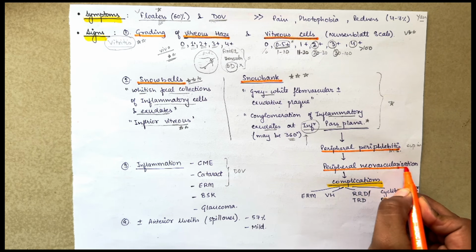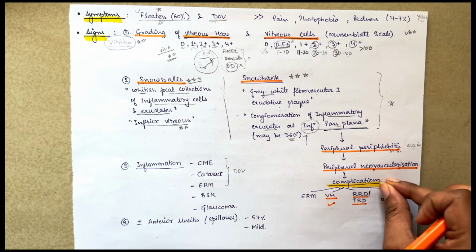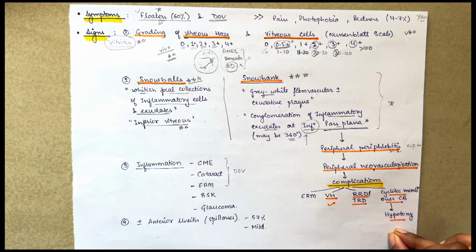Then traction or fibrous detachments will be there. There could be a cyclitic membrane over the ciliary body, which can finally cause hypotony. These are further complications, and because of chronic inflammation, you have cystoid macular edema. This is very important because it is one of the reasons for decreased vision in intermediate uveitis. So this is a viva question.